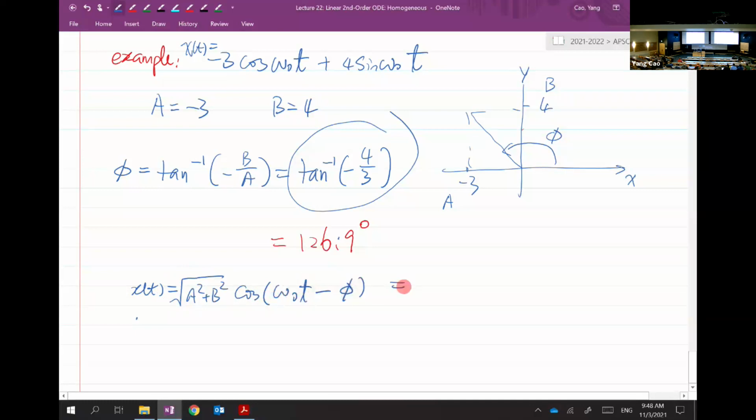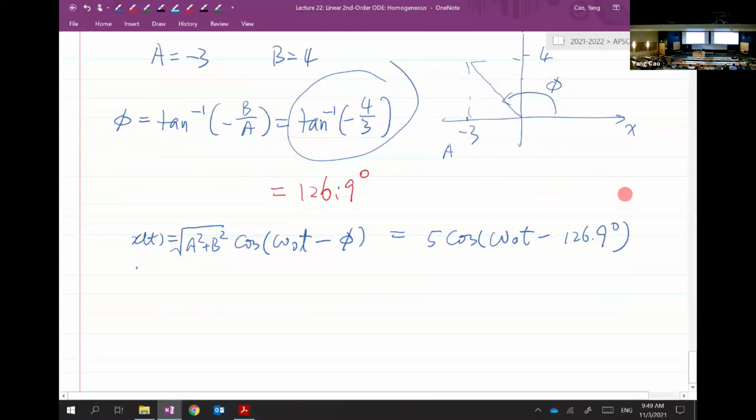The square root is easy to calculate, which is 5. So x of t is 5 cosine of omega naught t minus 126.9 degrees. And that's the pitfall I wanted to point out, in case you trust your calculator too much and end up with the wrong answer.